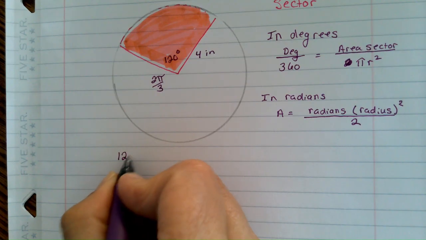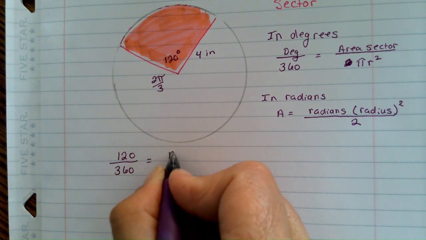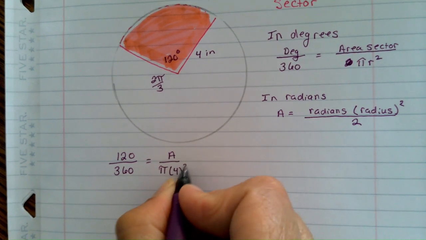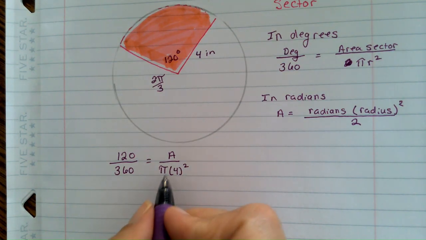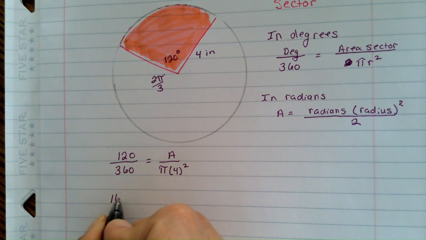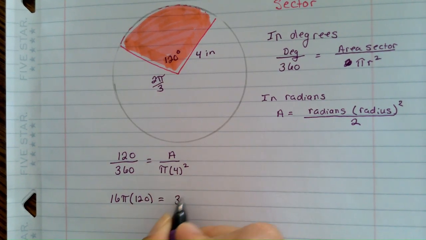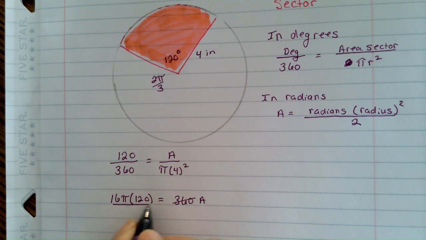So 120 is to 360, as our sector area will be 2 pi times our radius squared. So we'll go ahead, and this is 16 pi, right? So we've got 16 pi multiplied by 120 equals 360 multiplying by a. So we'll be dividing that by 360.